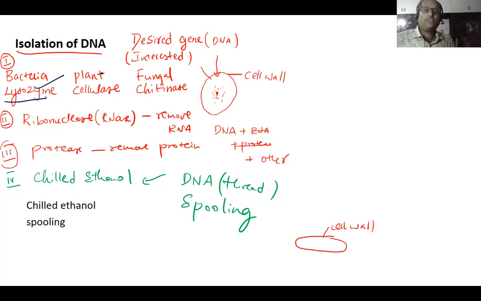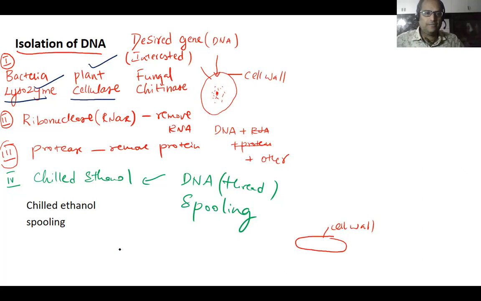Now, suppose it is a plant host, and from the plant I want to extract the desired gene. Then what should I do? The plant cell also has a cell wall, again made up of a very tough and rough material. For that I should use cellulase, an enzyme.